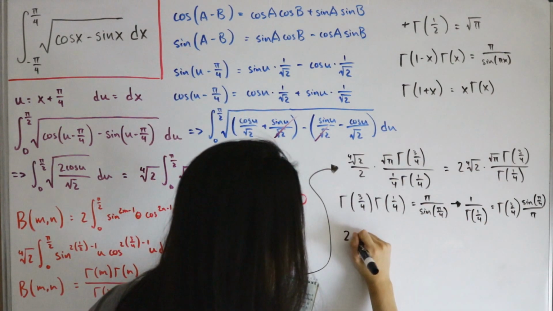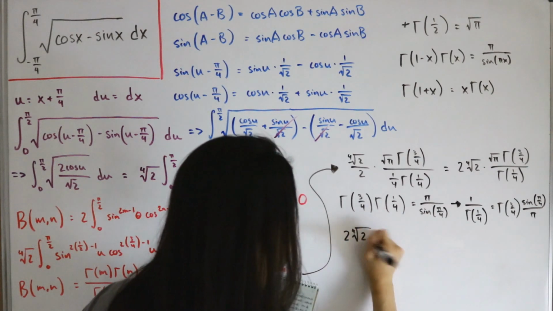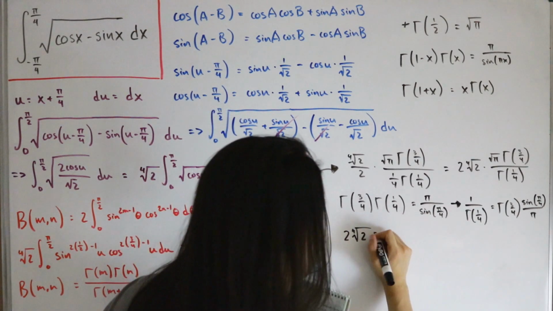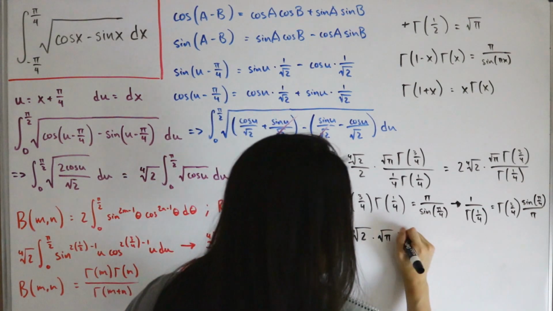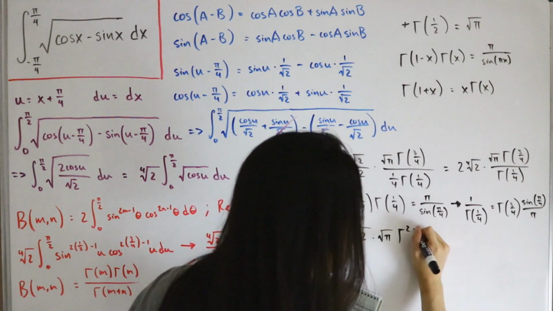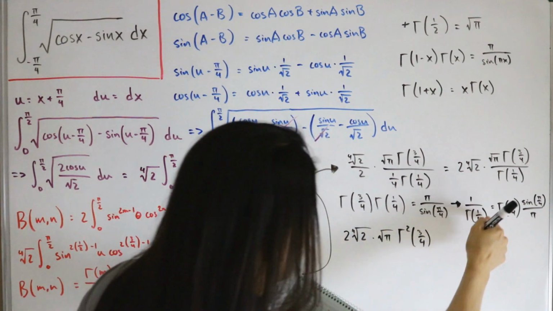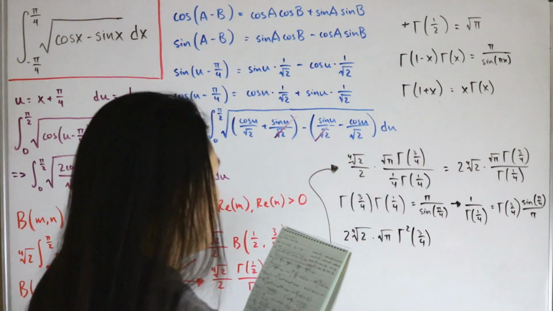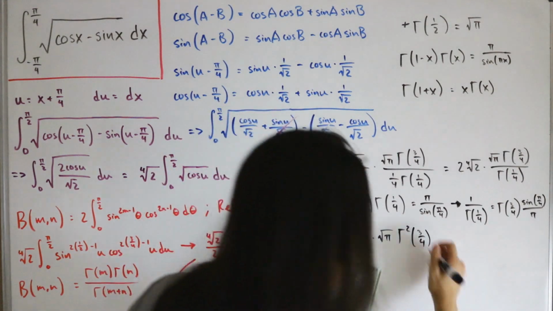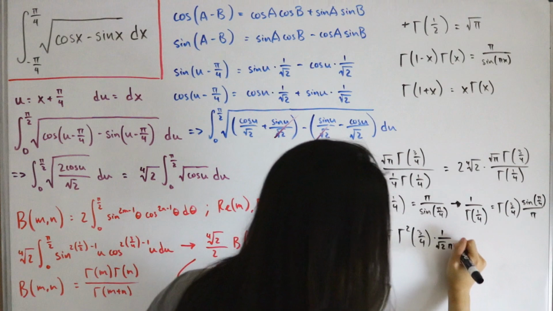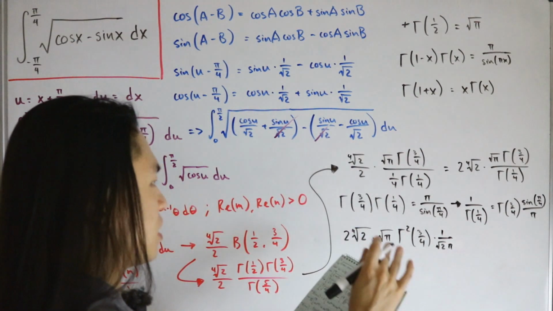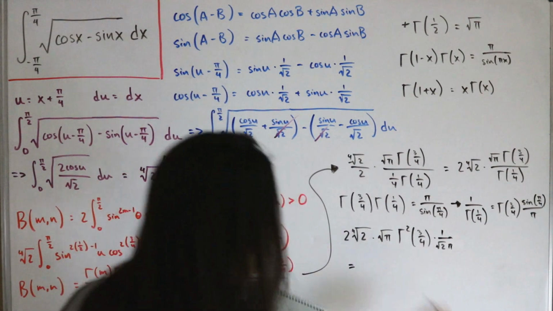So I have 2 times the fourth root of 2, still multiplied by the square root of pi, and then gamma squared of 3 divided by 4, since we put the substitution back in, multiplied by 1 divided by the square root of 2, and there's still the pi outside. Now we're almost done and can finally reduce this.